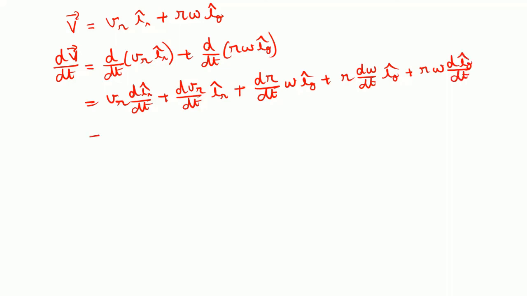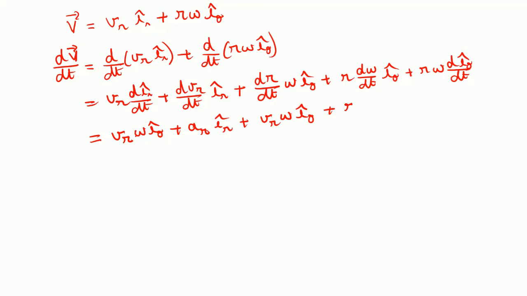Now if you observe here, this der by dt we have already got: der by dt is equal to omega into E theta. So we have VR omega into E theta plus dVR by dt, which is the acceleration in the radial direction, into ER plus dr by dt, this is VR, into omega into E theta.